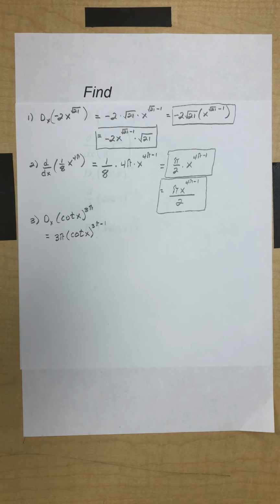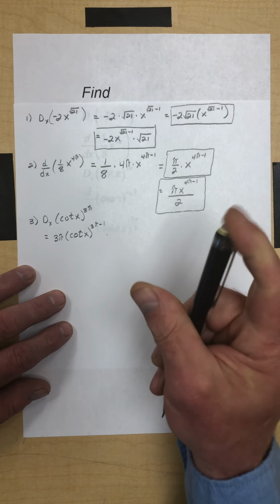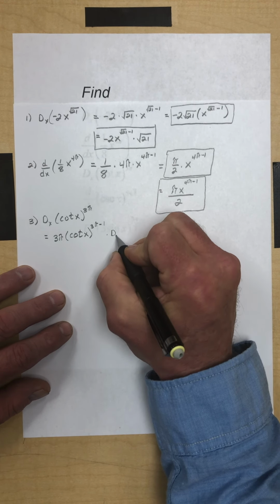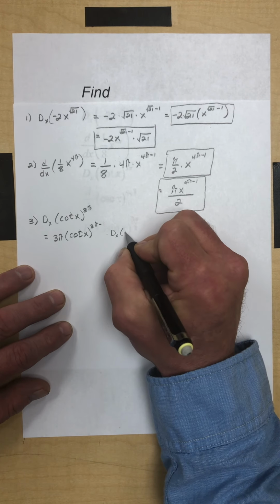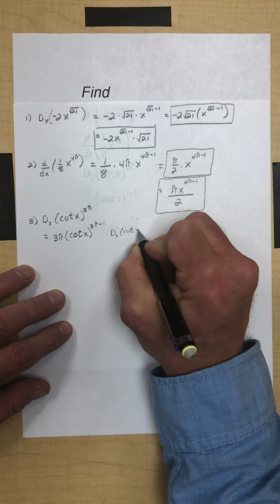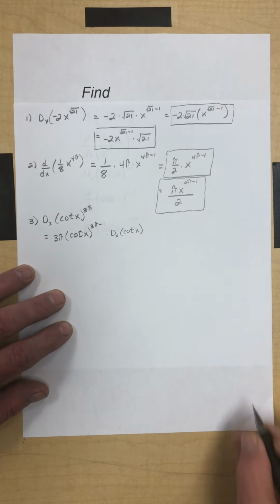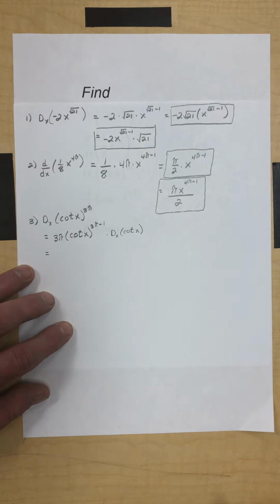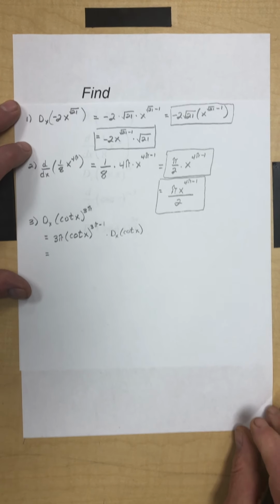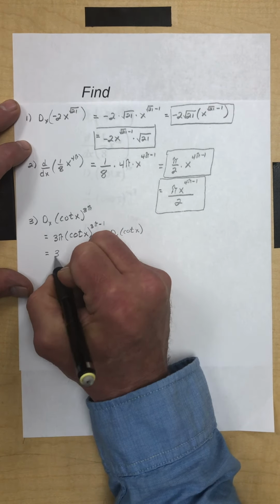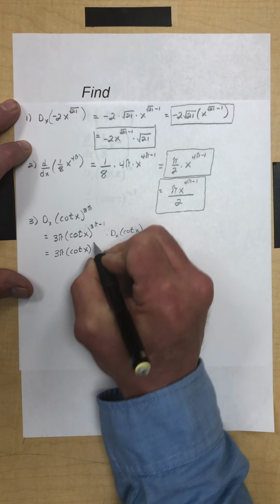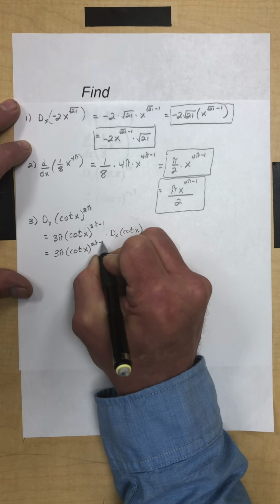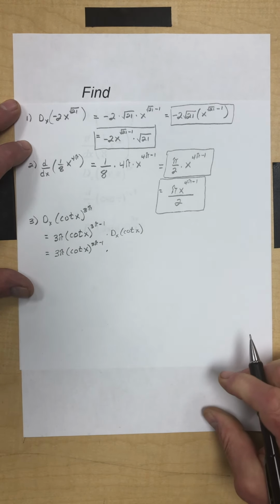And then I have to go times the derivative of u, the derivative of cotangent of x. All right, so let's see what we've got going on. 3 pi times the cotangent of x to the 3 pi minus first power times the derivative of cotangent.